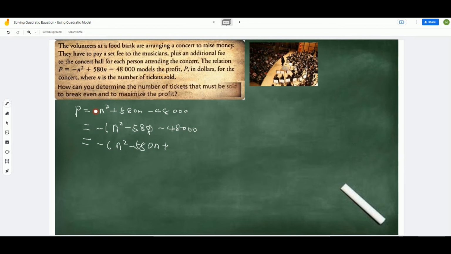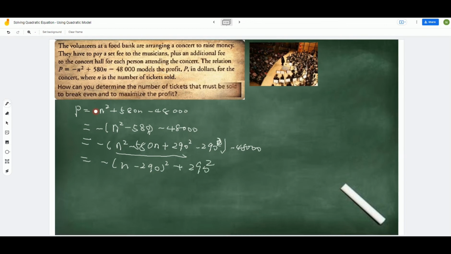Negative 580 divided by 2 is negative 290, so it's 290 squared. You add and subtract 290 squared, then the bracket, minus 48,000. Here is the perfect square: n minus 290, squared.